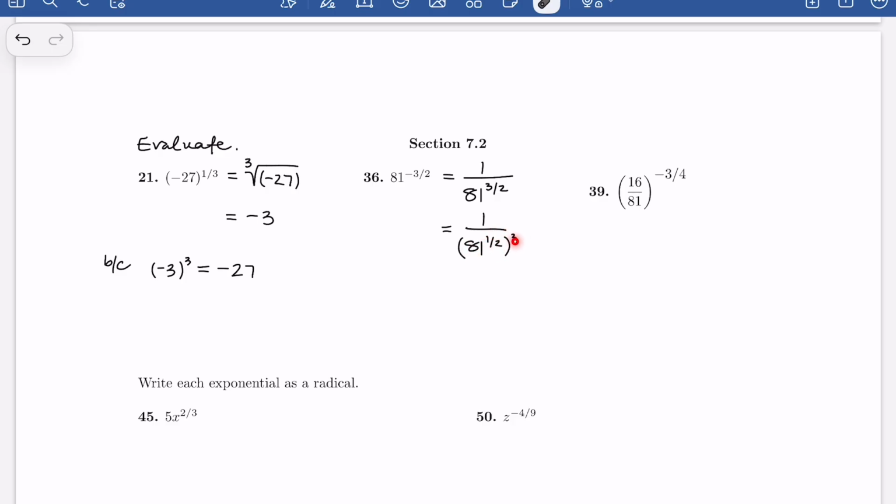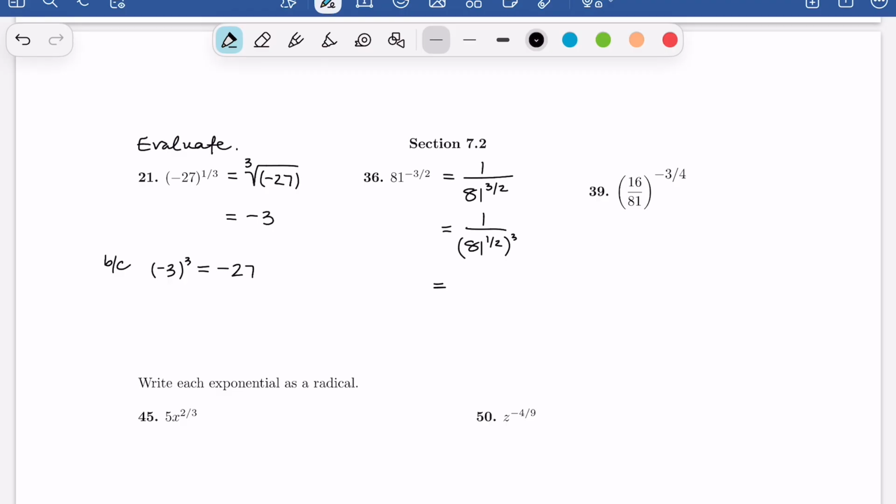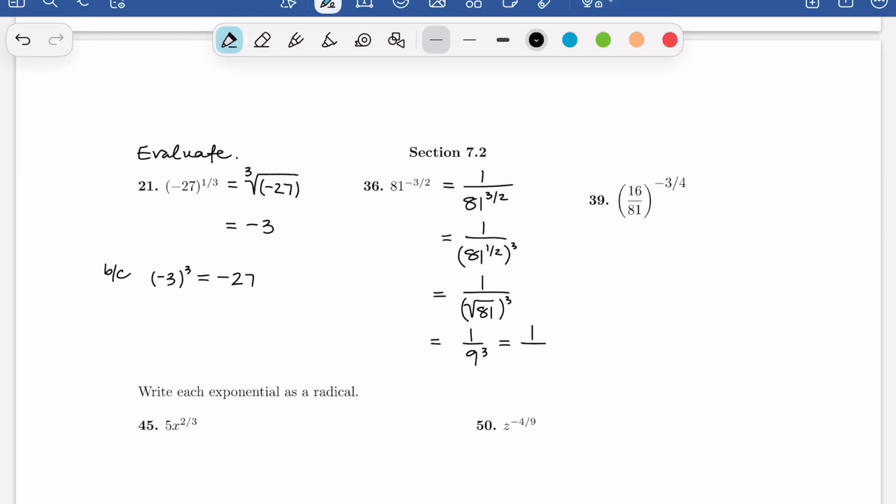So we're just pulling that cube out for now so that we can evaluate this and then cube it. Okay, evaluating this, we have 81 raised to the 1/2 power. This is going to be the same thing as the square root of 81, and then we're cubing it. So this is going to give us 1 over 9 cubed, which is going to give us 1 over 729. So this would be our final answer there.